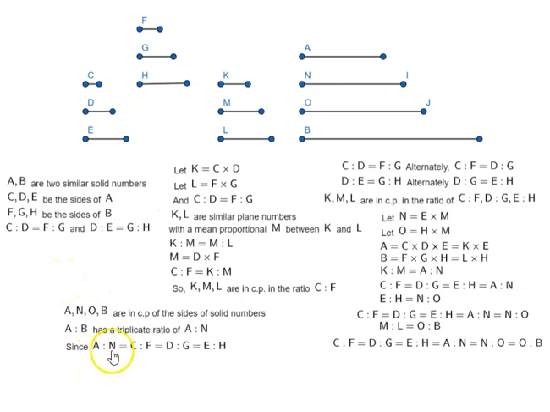But A is to N equal to C is to F equal to D is to G is equal to E is to H. So which means A is to B has a triplicate ratio of C is to F or D is to G or E is to H. So that means A is to B has a triplicate ratio of the corresponding sides CF, DG and EH. That is proposition number 19 of book 8 of Euclid's Elements.